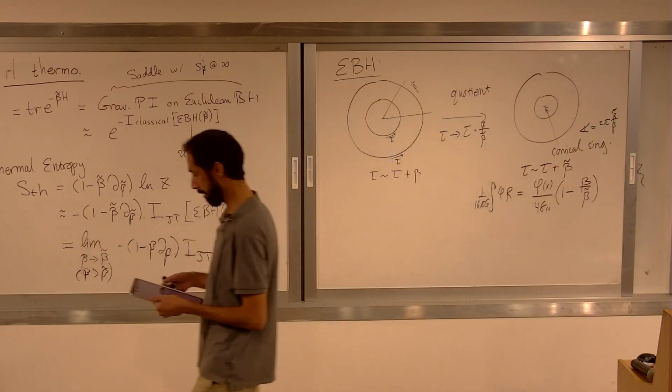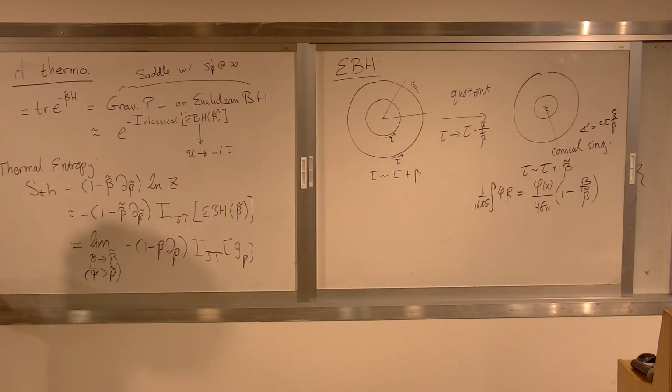Why am I doing this? If you go back and look at the action of JT gravity, and you evaluate it on the eternal black hole solution with inverse temperature beta, you can write this as beta over beta tilde times the same JT action, but evaluated on the singular space-time.